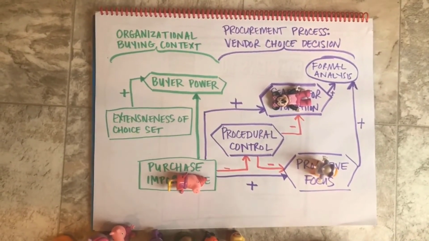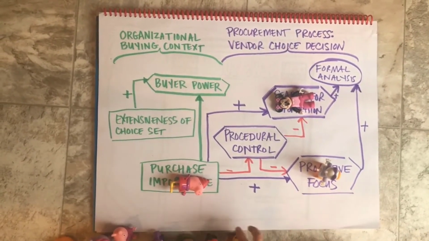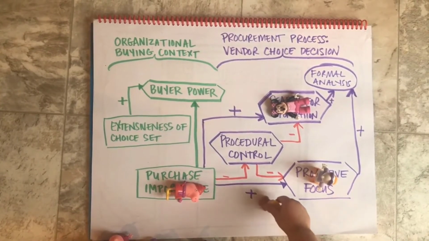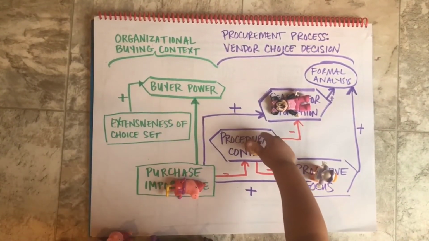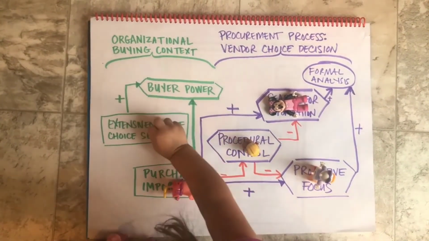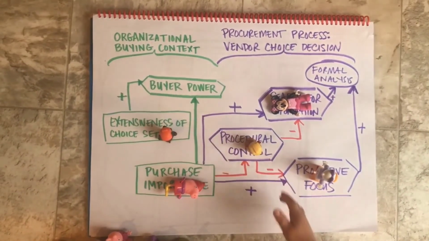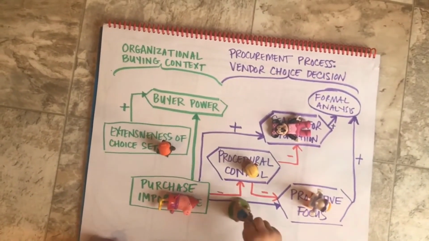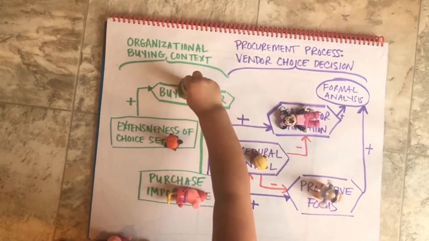There is widespread support from a number of different perspectives for the idea that purchase importance is positively related to the search for information. Purchase importance is a central aspect of decision risk, and the collection of additional information significantly reduces risk. Buying centers are larger and involve more communication for important purchases.